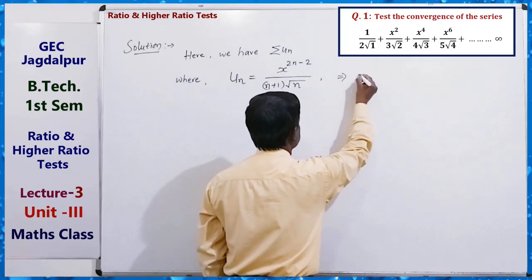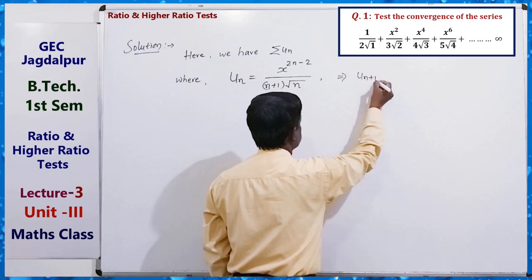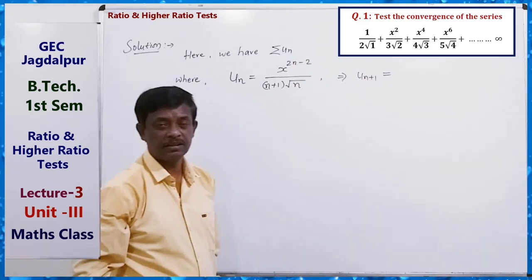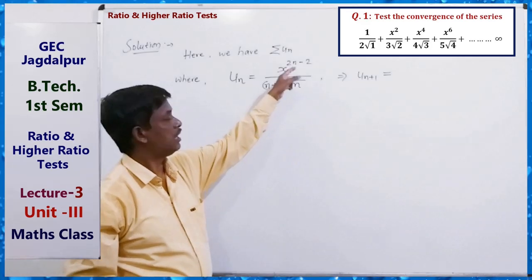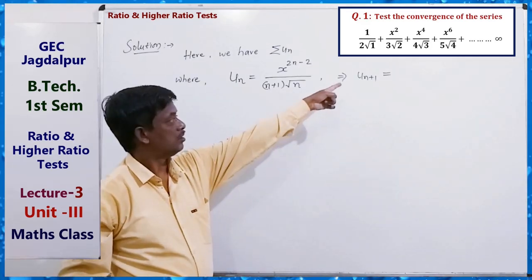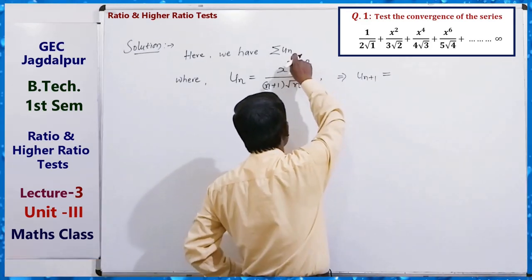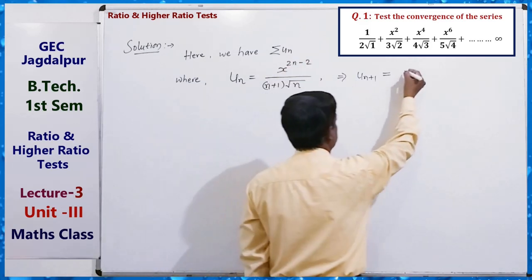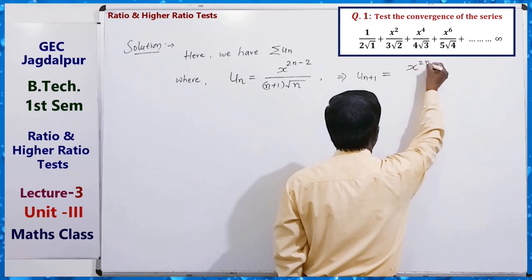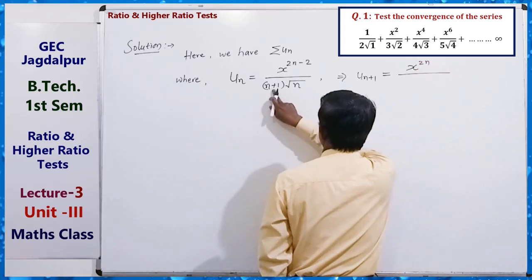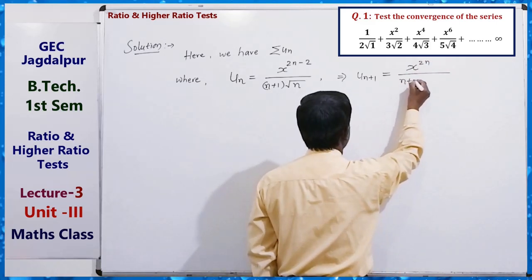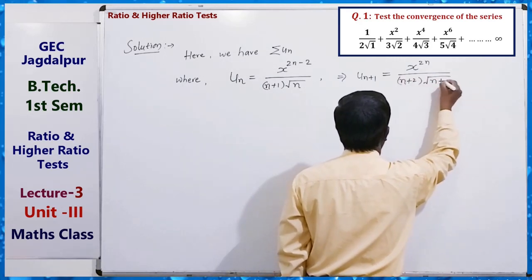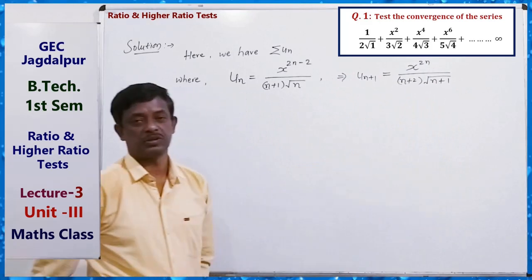This implies un plus 1 equals to, in place of n put n plus 1. So 2n plus 2 minus 2 gives 2n. x to the power 2n upon n plus 2 root over n plus 1. So this is un plus 1.